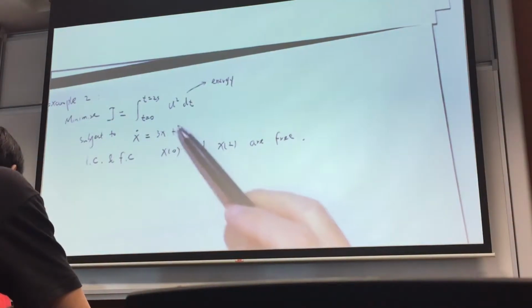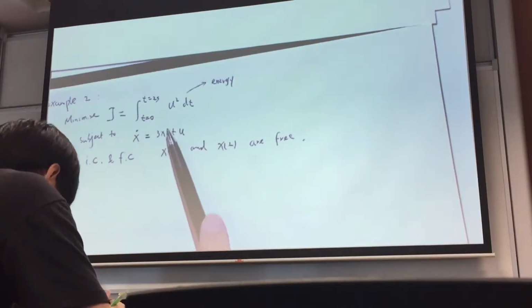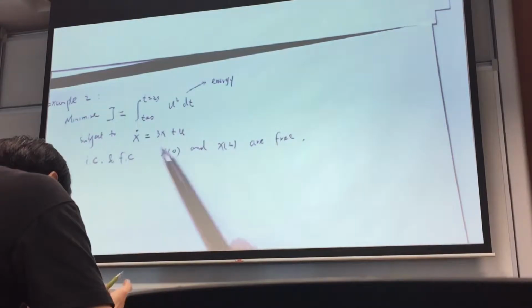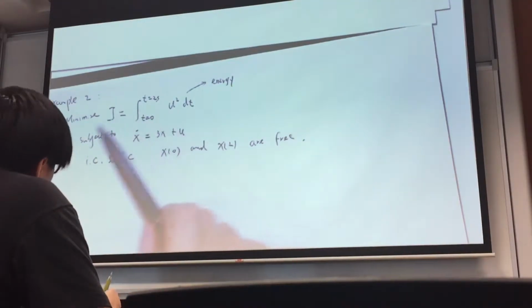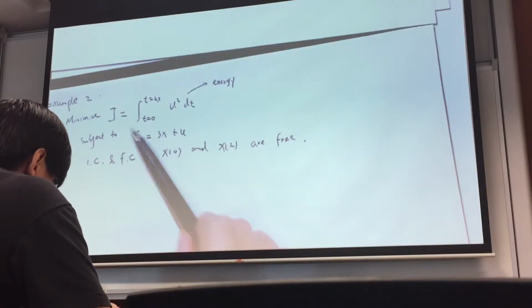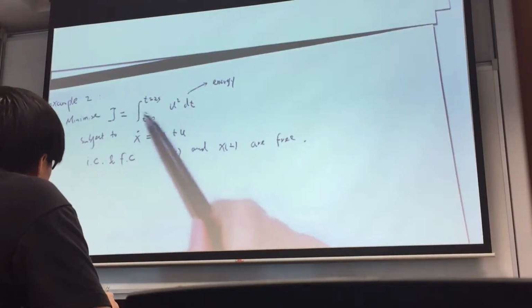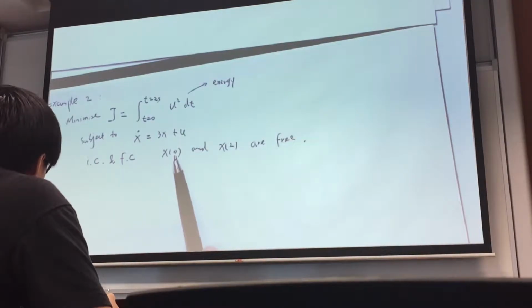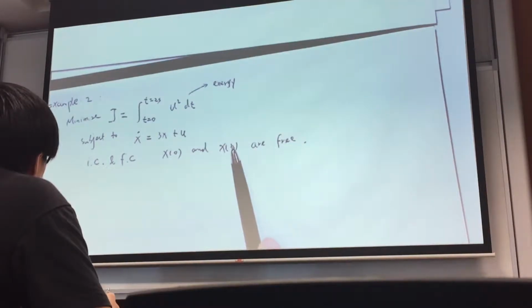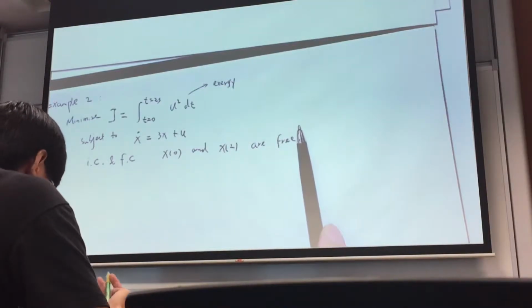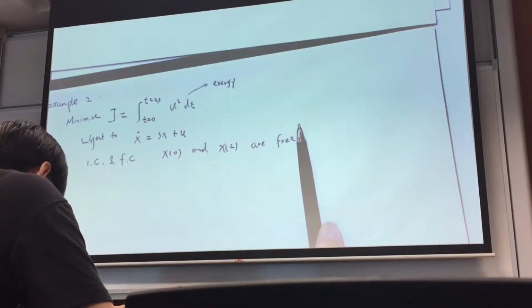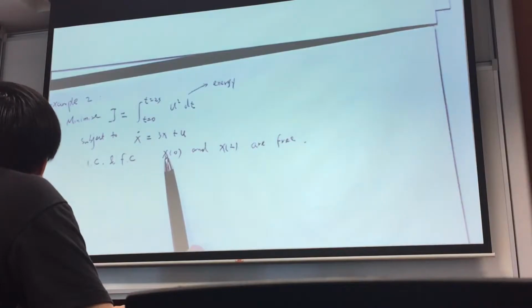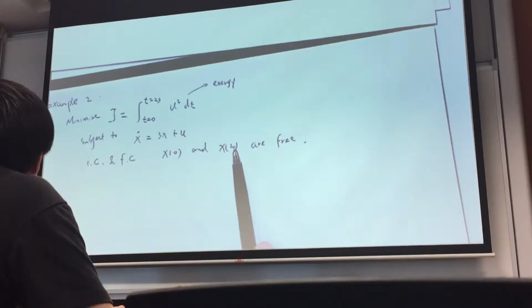So when you check this problem, you have a vehicle subject to this dynamics, and you want to minimize control energy. However, your initial position and final position of the vehicle are free. So there are no requirements on the initial location and final location of the vehicle.